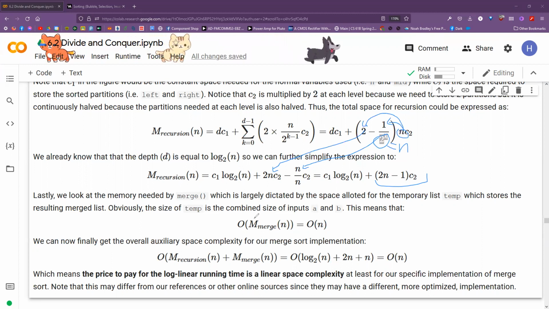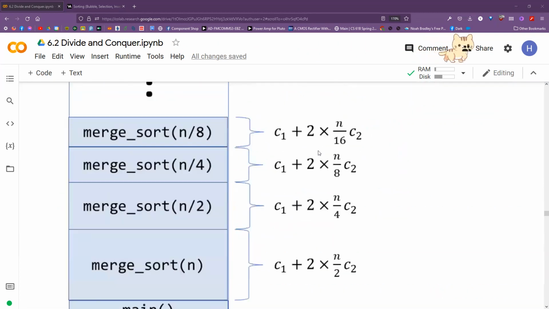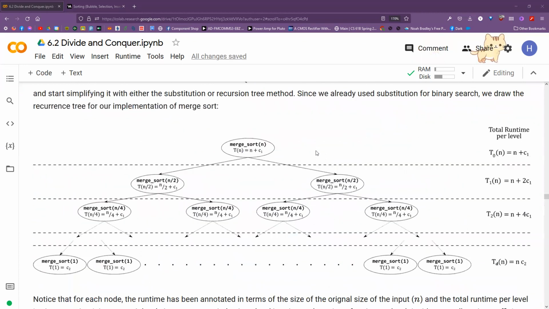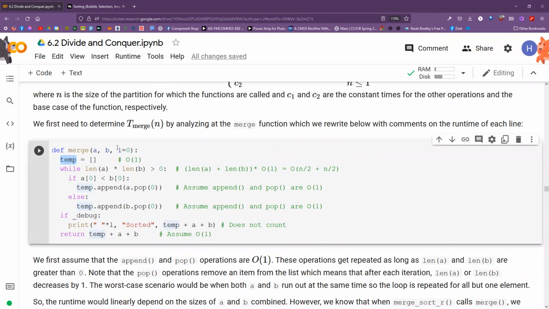Okay. So yung ginawa pala dito muna is kinuha muna yung memory or space complexity, no merge operation. So we already have yung memory ng ating recursion. So kailangan natin yung sa merge. So looking back sa ating merge operation, we have another temporary list here. Temp yung pangalan.